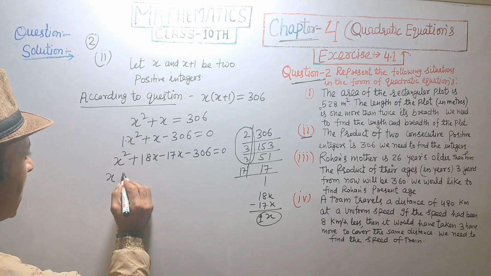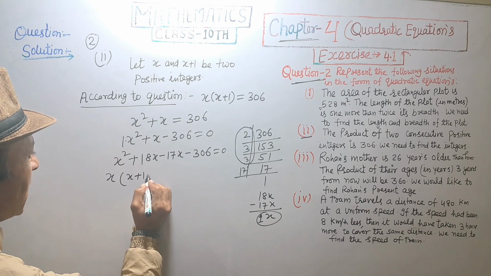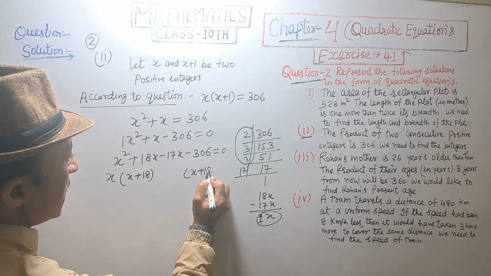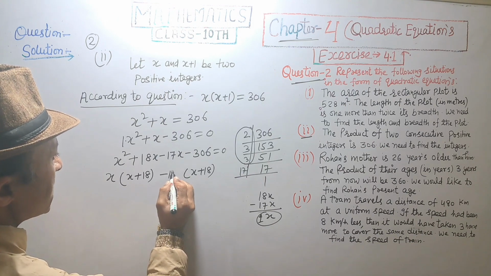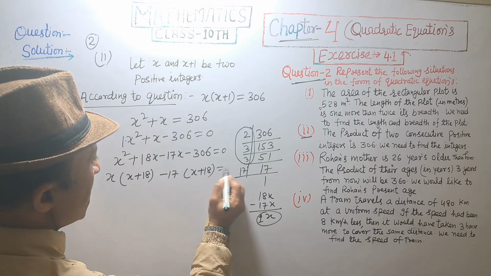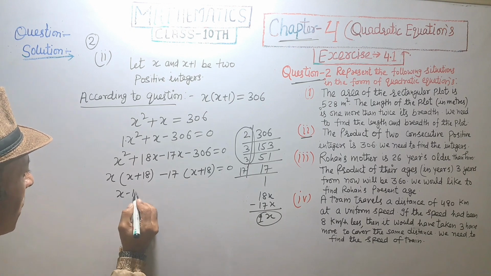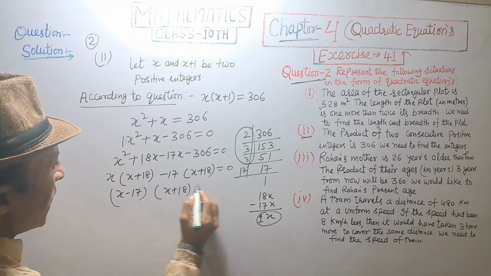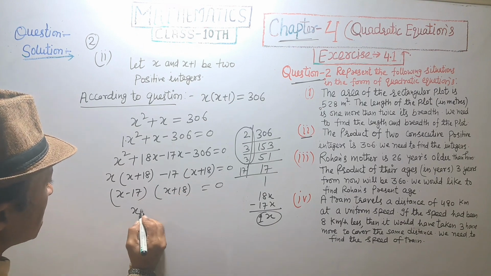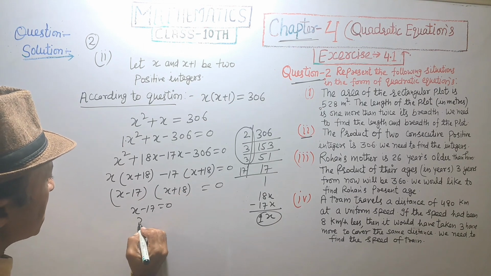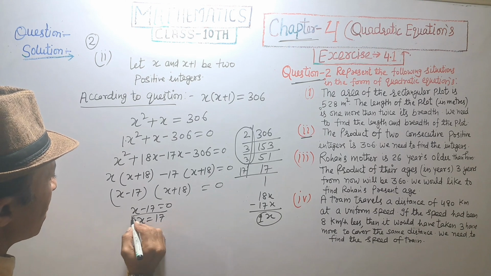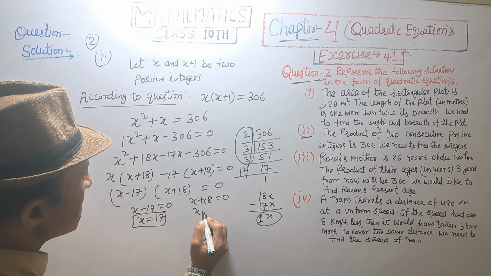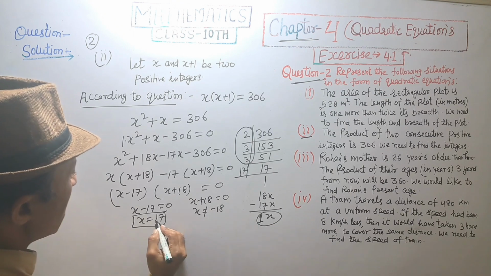So x is taken common, x plus 18 in bracket, and x plus 18 in bracket, minus 17 is common, equal to 0. x minus 17 is first time, and x plus 18 is 1 times equal to 0, and x minus 17 equal to 0 means x is equal to positive 17, and x plus 18 equal to 0 means x equal to negative 18.